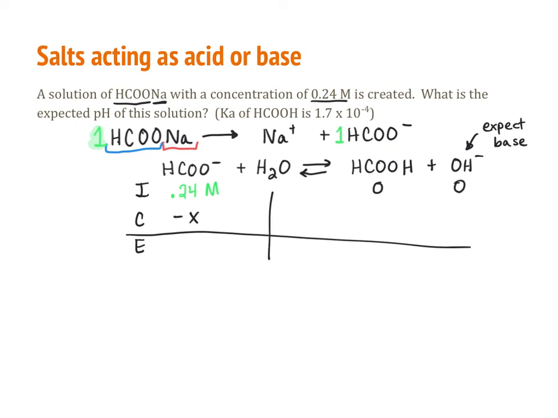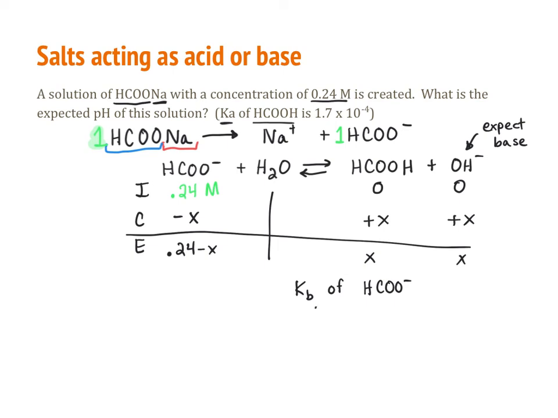So we're going to do minus x, plus x, plus x. Now I'm going to set up an equilibrium expression. But I'm given the Ka of HCOOH, which is the product here. I need the Kb of HCOO minus.